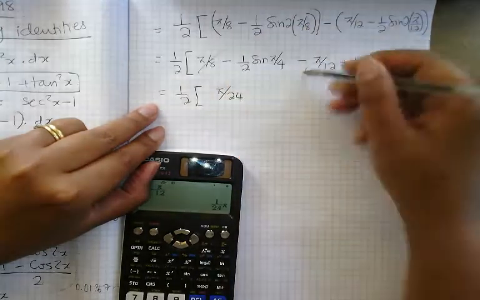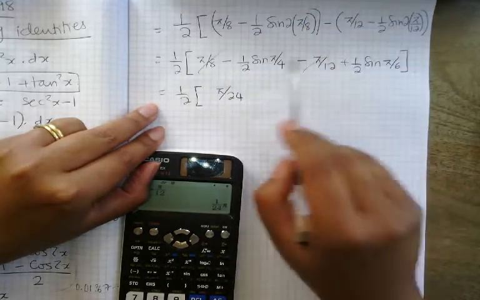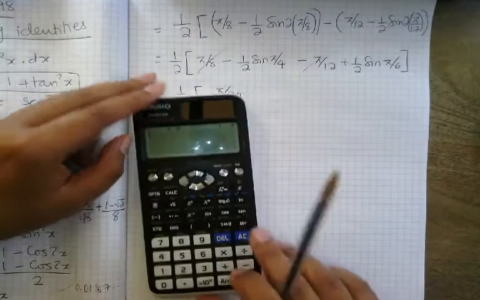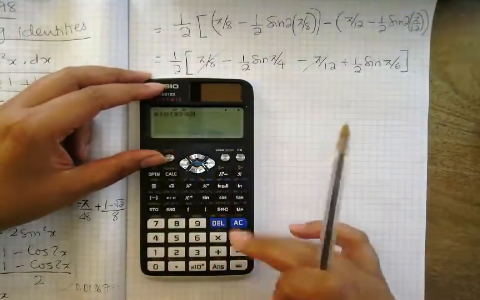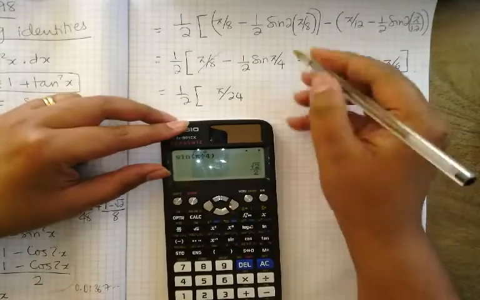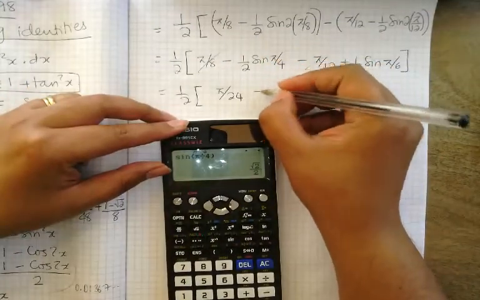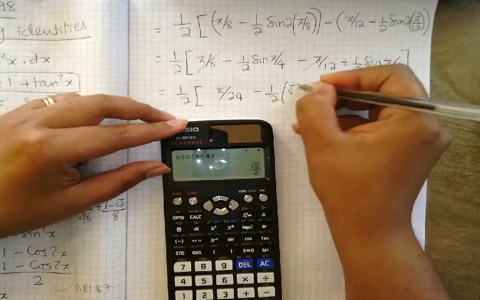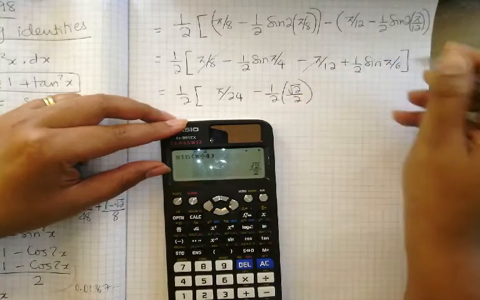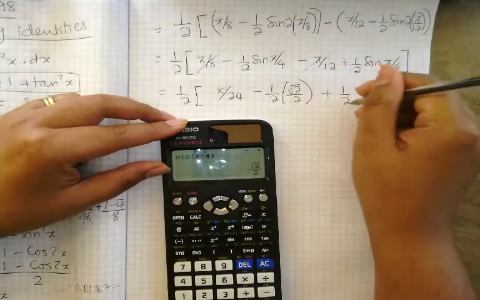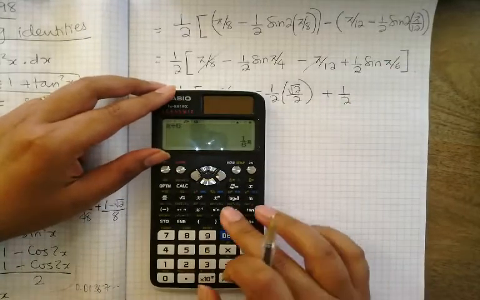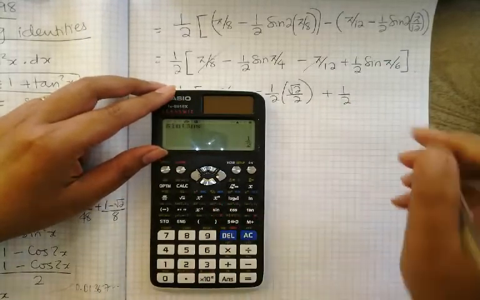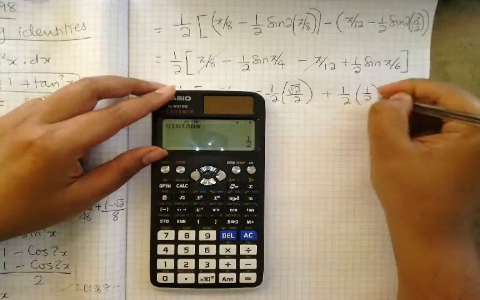Okay, so I've dealt with these. Now I've got sine pi by 4, which is root 2 over 2. So I've got minus half times root 2 over 2, plus half sine pi by 6, which is just a half.